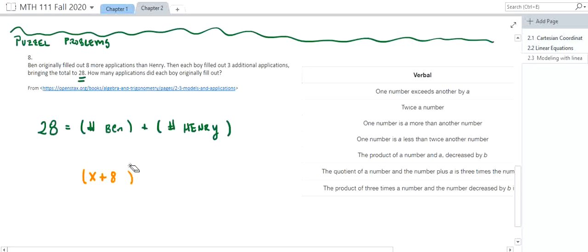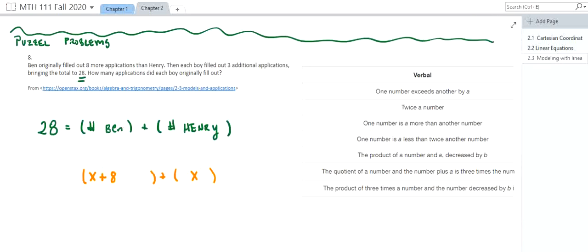Let's leave some space here. And Henry would have filled out X. So if Henry filled out 10, Ben filled out 10 plus 8, 18. That would equal 28, if that were the case.